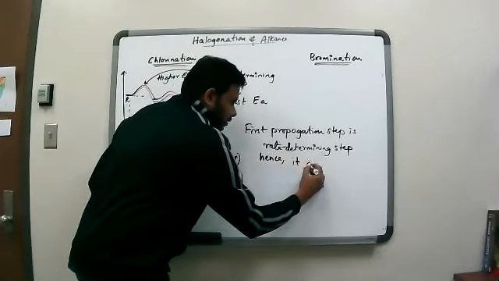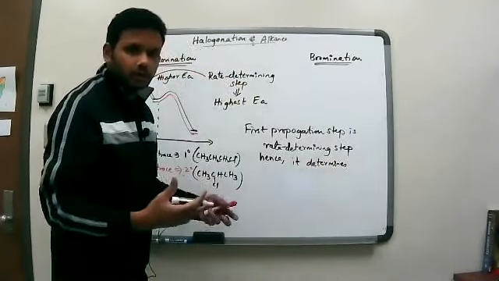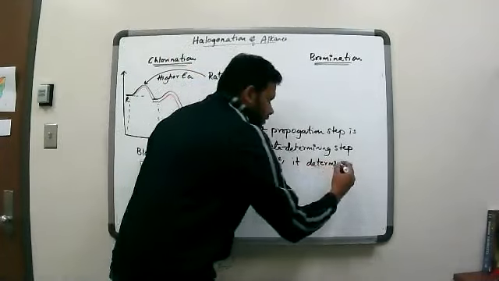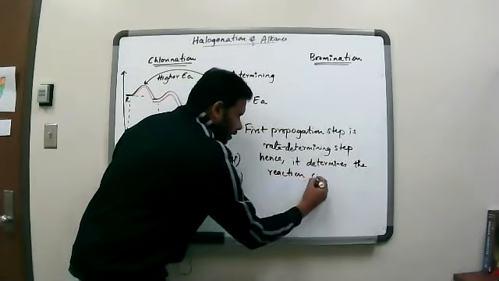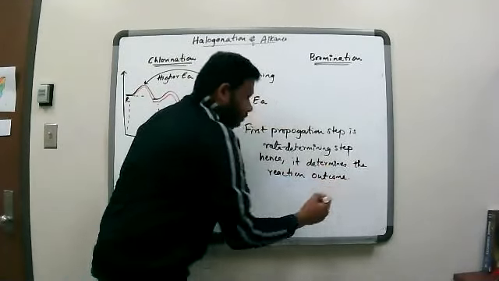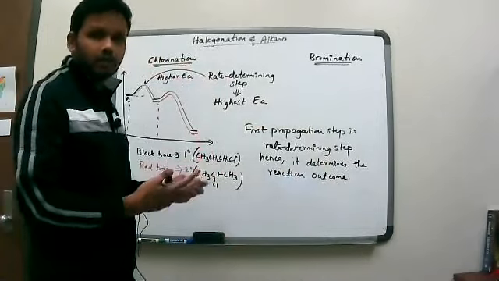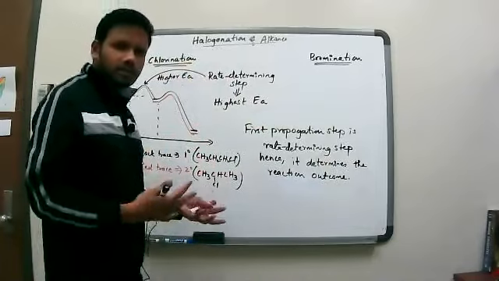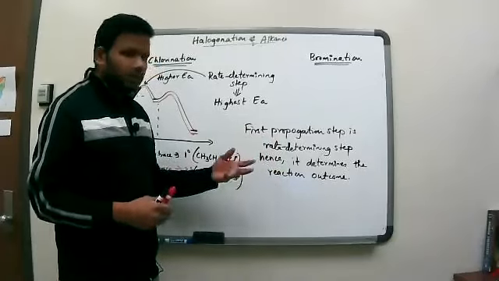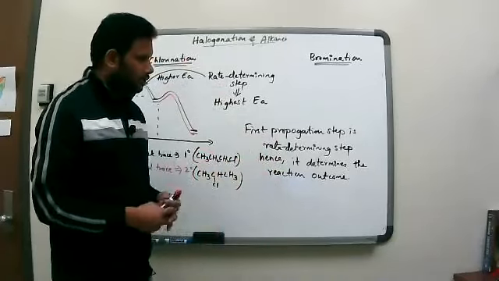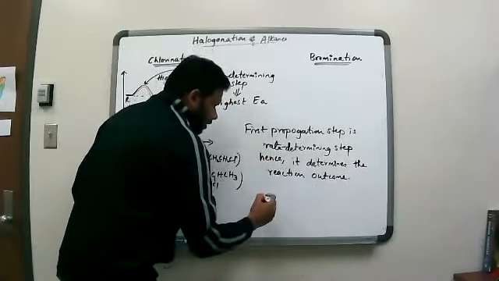Hence, it determines, generally now, this is not always the case, but generally it determines the reaction outcome. There are reactions where that is not the case. There are other parameters that need to be considered, but generally the rate limiting step is what controls the outcome of the reaction, okay, generally. So that is why it determines the reaction outcome.